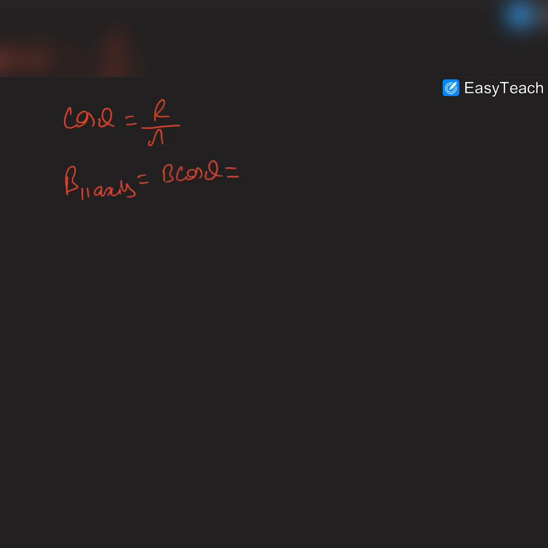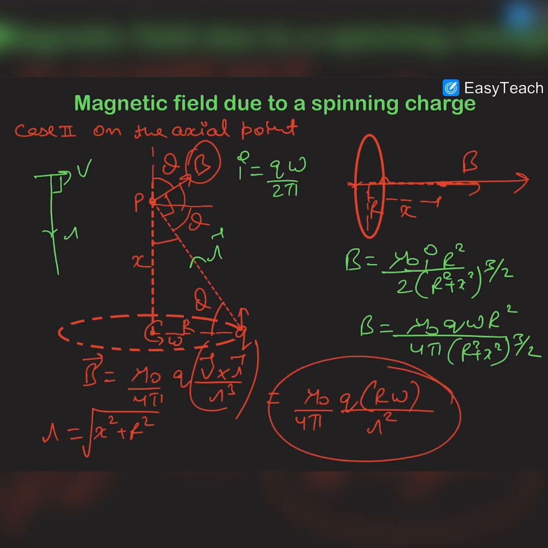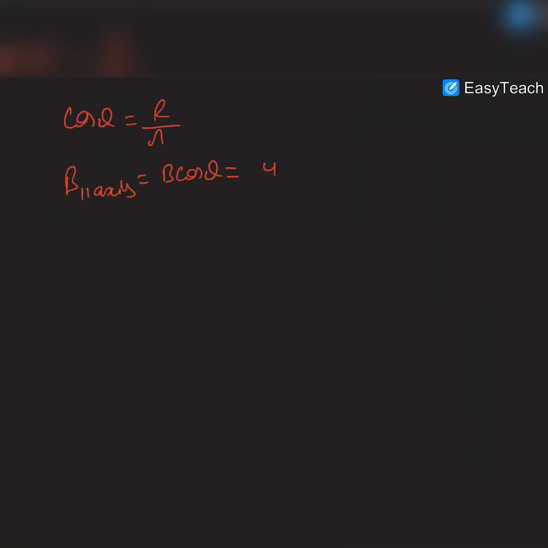So B is mu naught q R omega by 4 pi r square, and cos theta is R by r. So B parallel to axis will be mu naught q R square omega by 4 pi r cube.